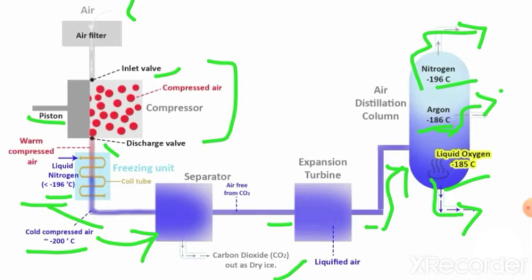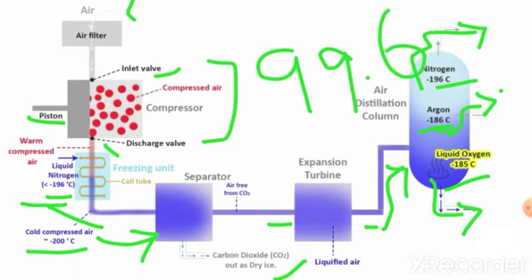Here we have only one distillation unit, but at an industry level, industries always contain 2-3 distillation units in series, because we want our nitrogen, argon and oxygen to be 99.9% pure, since even oxygen has to be used for medicinal purposes.